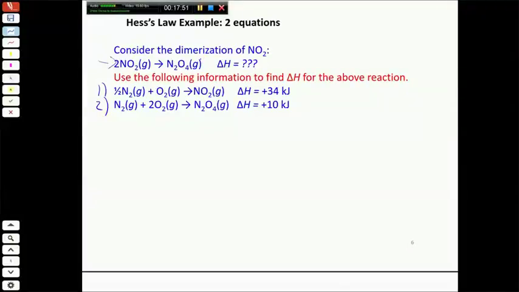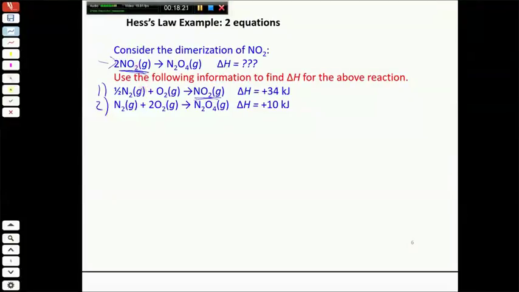There are going to be some species that appear in both equations. Nitrogen appears in both, although it's not in our overall equation. Oxygen appears in both equations. But NO2, the reactant in our overall chemical equation, appears only in the first equation, and it's a product. So we want to have 2 NO2s on the reactant side of our overall equation once we add them together.